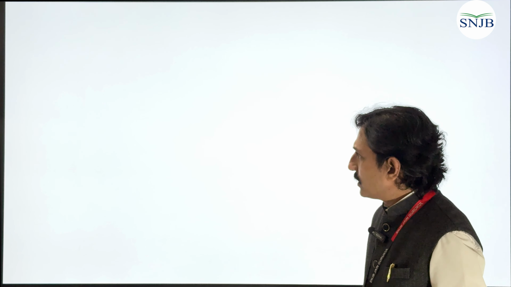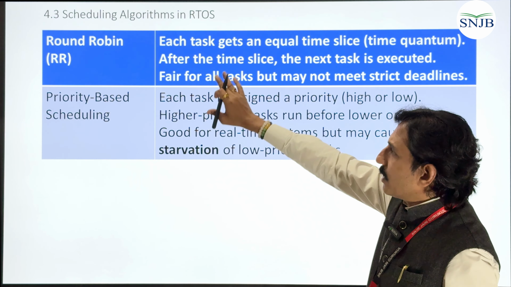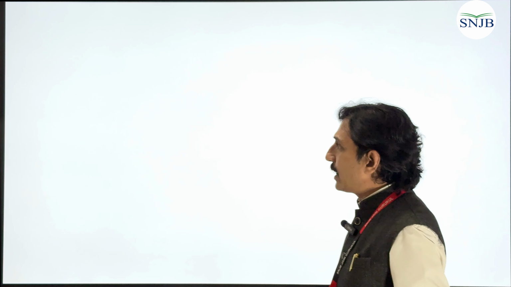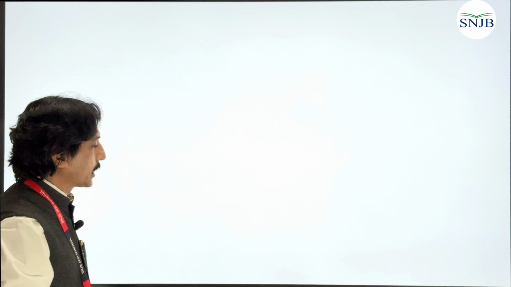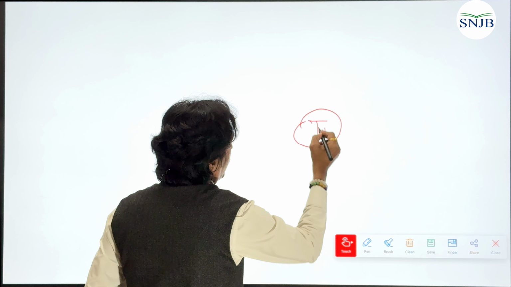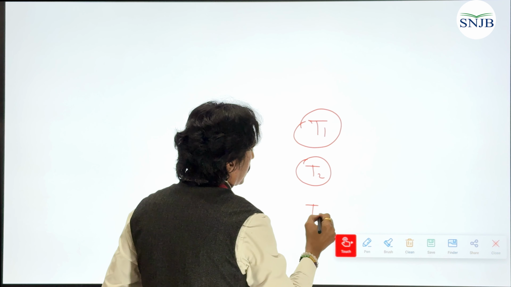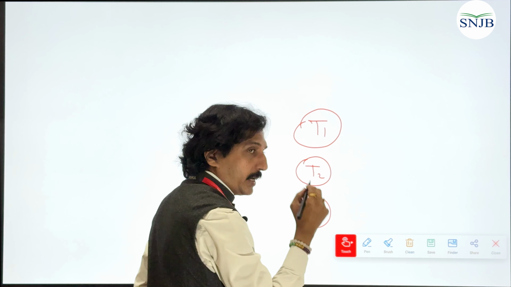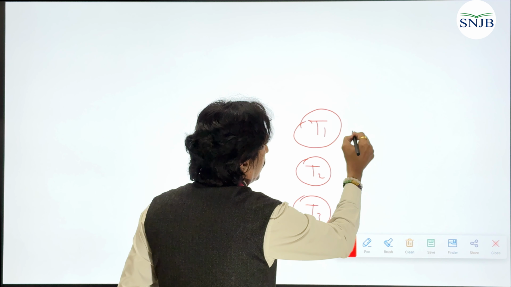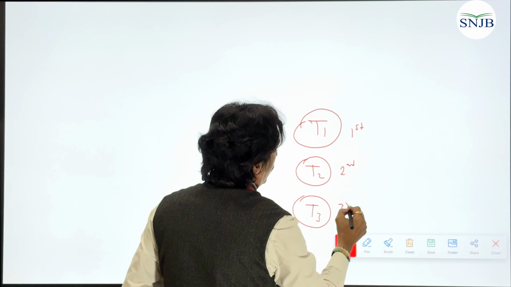The next algorithm is the round robin algorithm. In round robin, what is the case? It gives an index. For example, this is task 1, this is task 2, and this is task 3. The scheduler gives the index: this is first, this is second, and this is third.